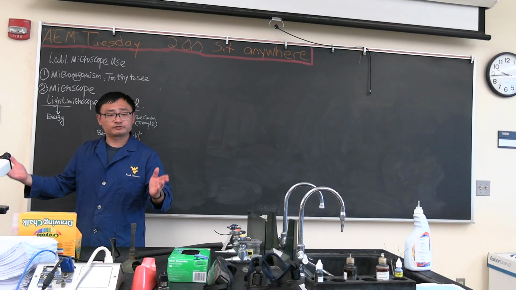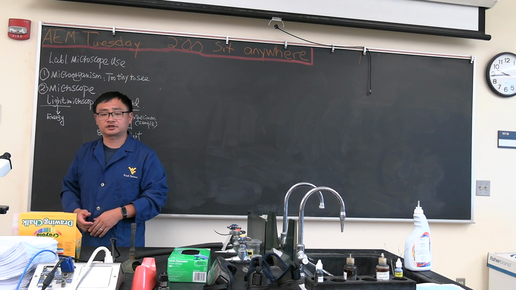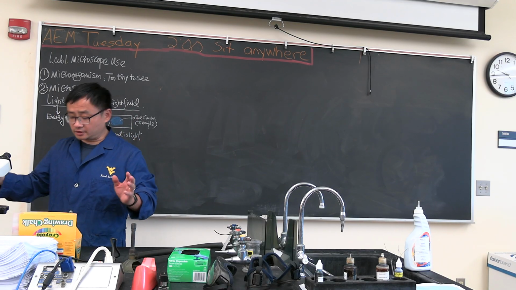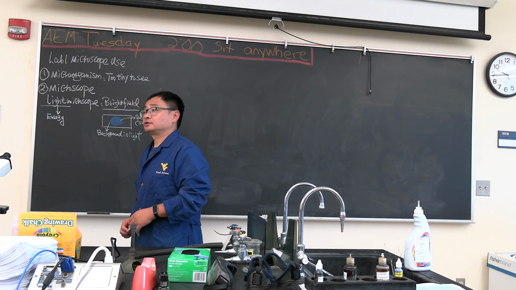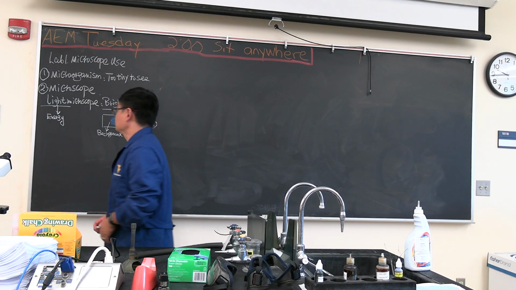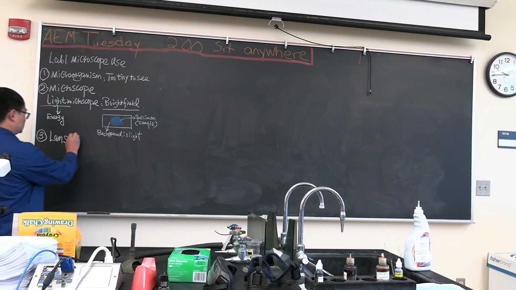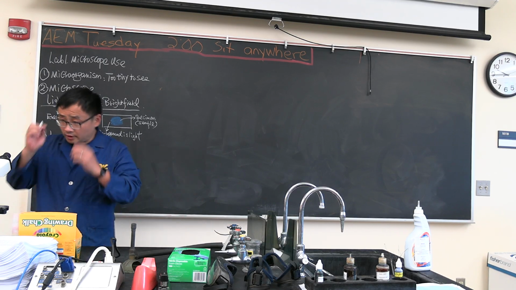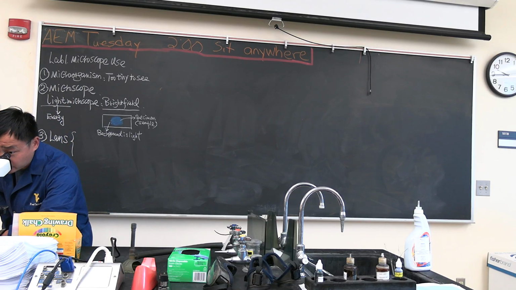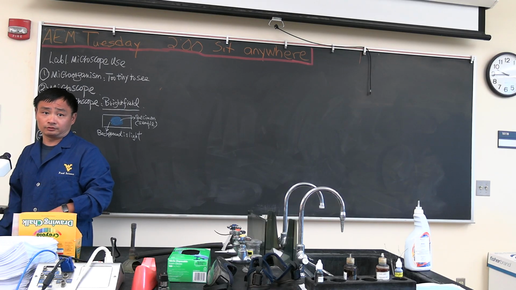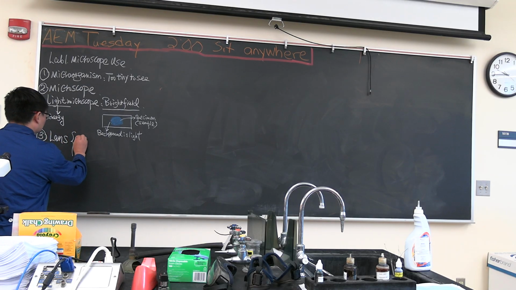Then we're going to talk about the structure. The first question is very simple. What is the most expensive item of a microscope? If you think about it, it is the lens. The lens is the most important item. There are two types of lens. One is the lens you use your eye to look through, closely attached to your eye, which is called the ocular lens.